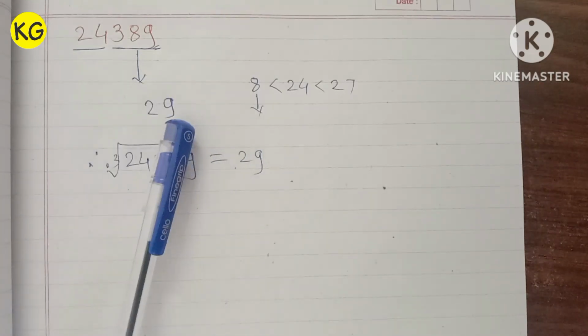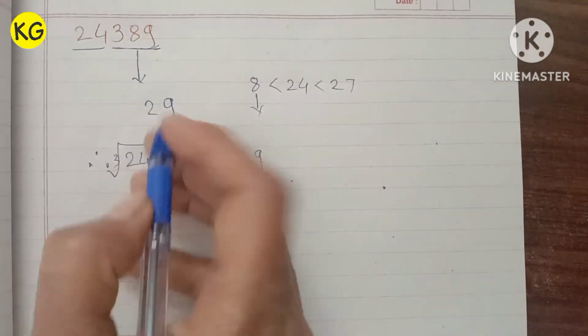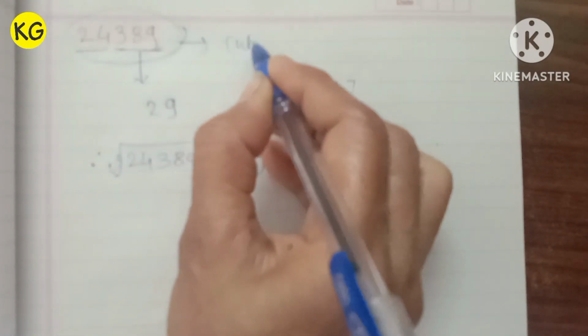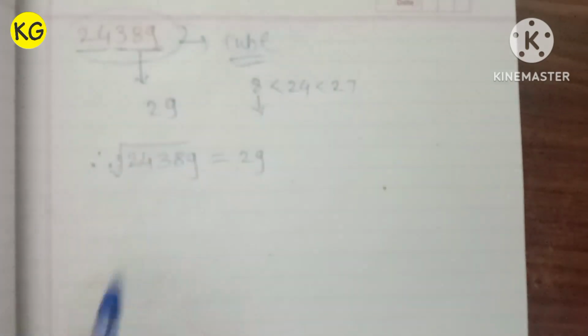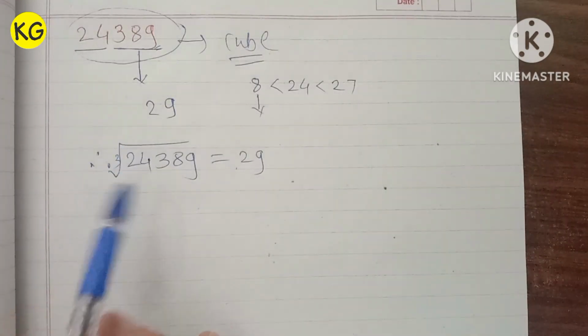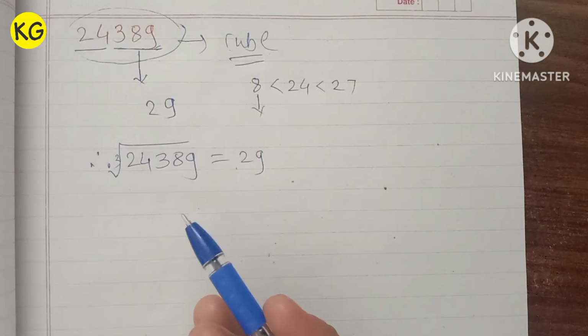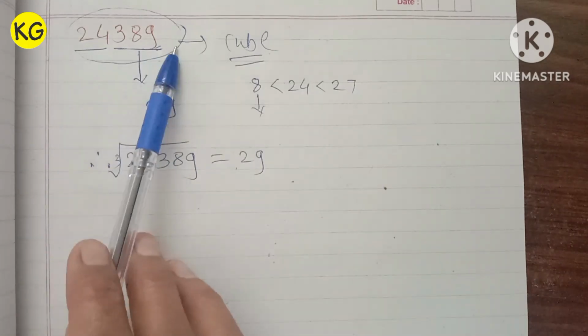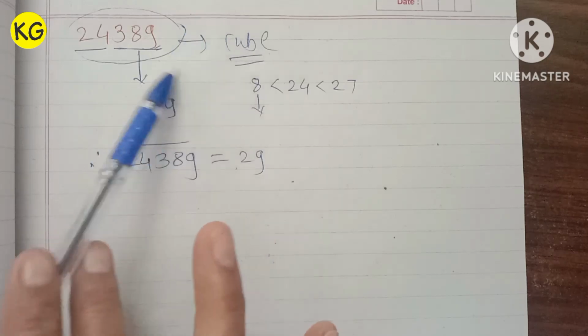In this way we can find the cube roots of any number. But a condition is also required: the number must be a cube. If that number is not a cube, then how can we find the cube root of that number? That number must be a perfect cube number.